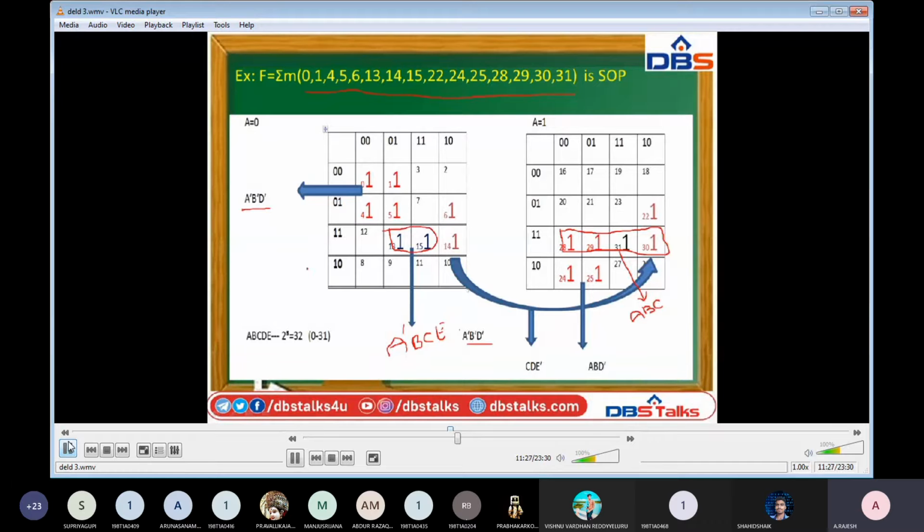So A complement B C is 1, 2, and this one is 3, and this one is 4, and this one is 5. That means instead of 15 literals, I have reduced this to only 5 literals.